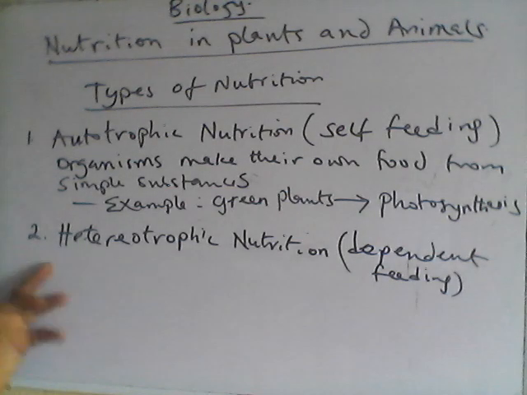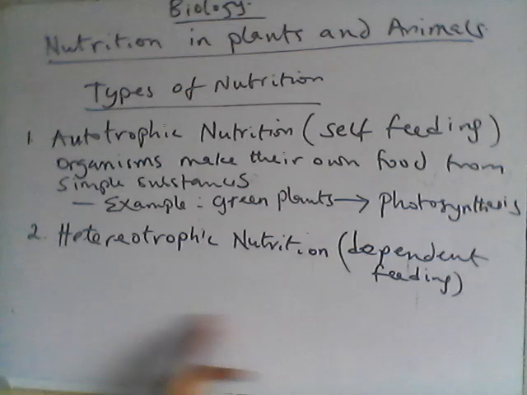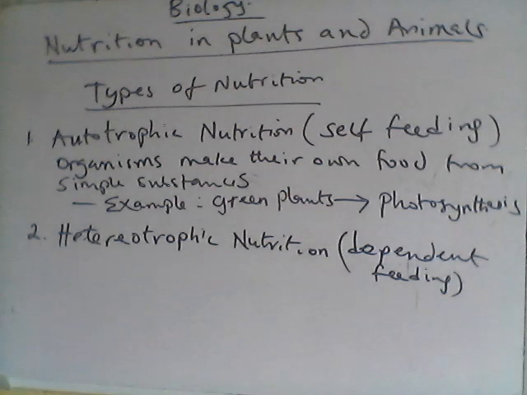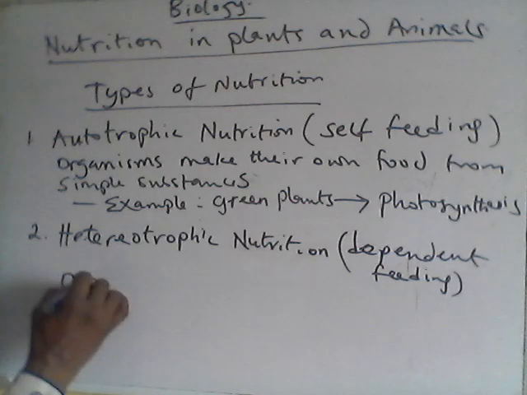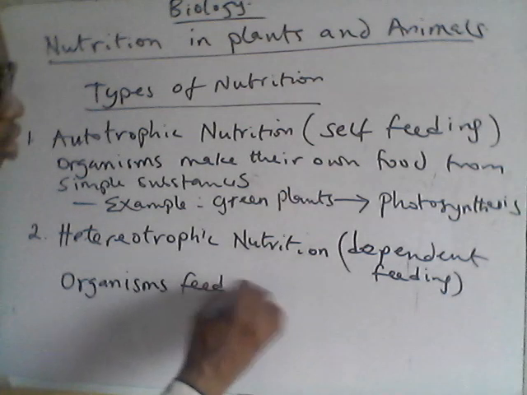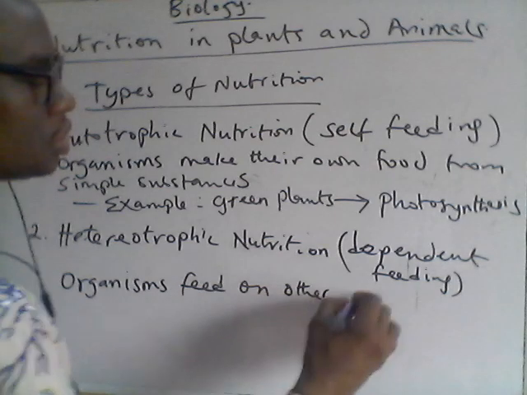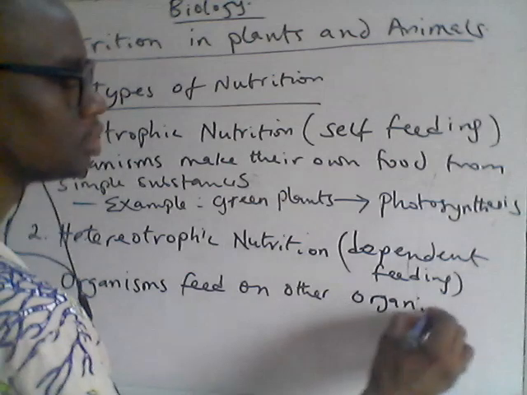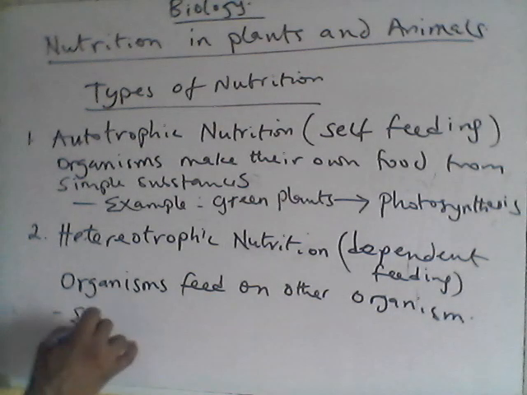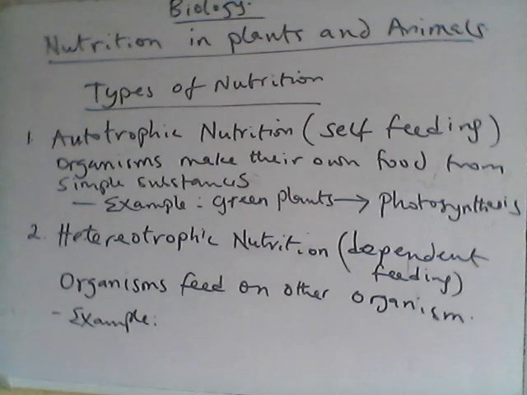The next type of nutrition is heterotrophic nutrition. This is dependent feeding. This is where organisms feed on other living organisms. Examples are animals, fungi, some bacteria.